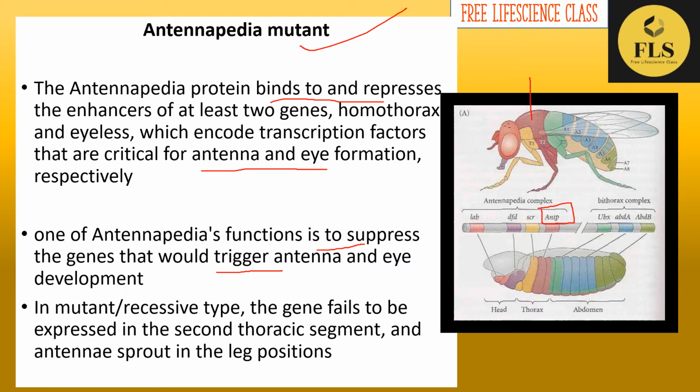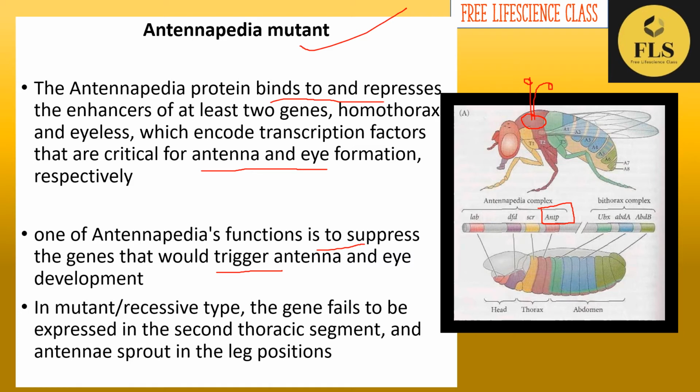You can see a sprouting of antenna, or eye, in the second thoracic segment. This is the result if Antennapedia is mutated or recessive in nature, so the Antennapedia gene fails to express in this T2 segment.